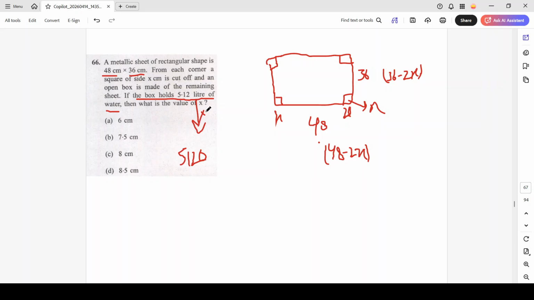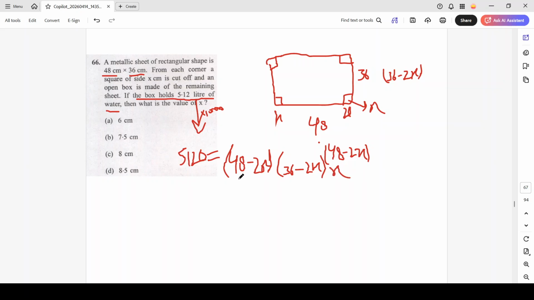So what we have is the volume of a cuboid, if we have been given the length, breadth and height, that will be 48 minus 2x, 36 minus 2x, and the remaining height x.